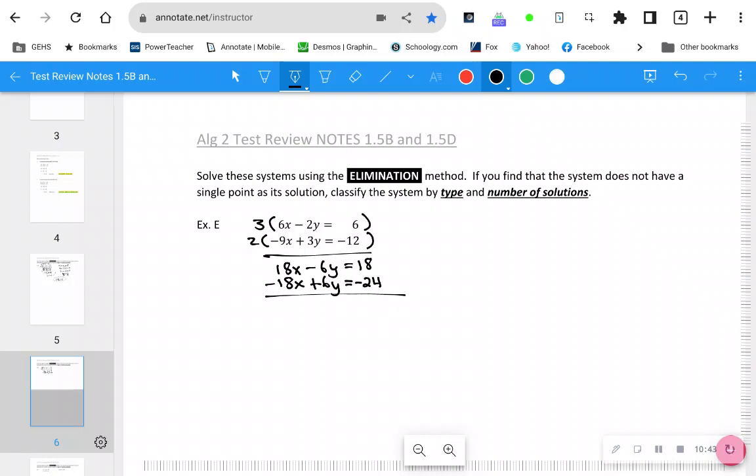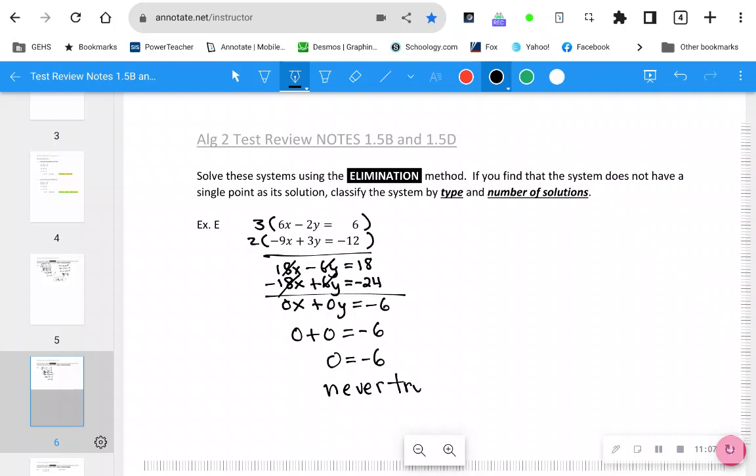And you may notice that this cancels. In other words, you get 0x. And this also cancels, so we get 0y. And over on the other side, negative 6. So what we have here is 0 plus 0 equals negative 6. In other words, 0 equals negative 6, which is flat out never true.